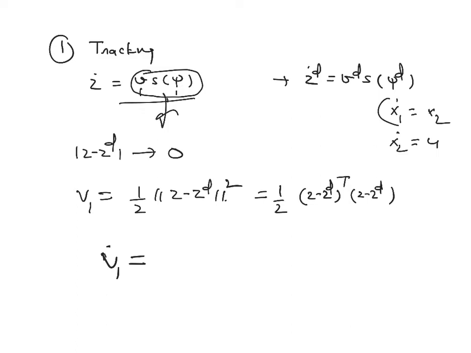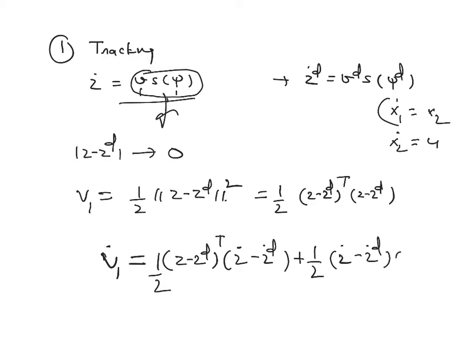So if we want to find V1 dot, V1 dot will be just z minus z desired transpose into z dot minus z desired dot. The half goes away because you have to do it two times. For example, if you keep the half here and then do another half where you say z dot minus z desired dot into z minus z desired, they are both the same, because they are scalars.